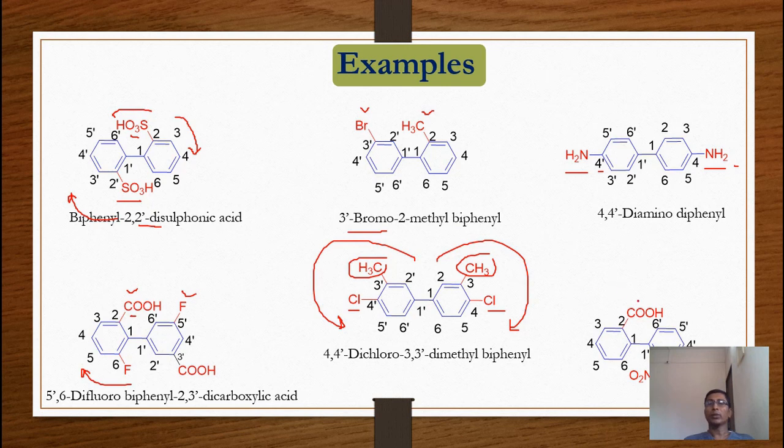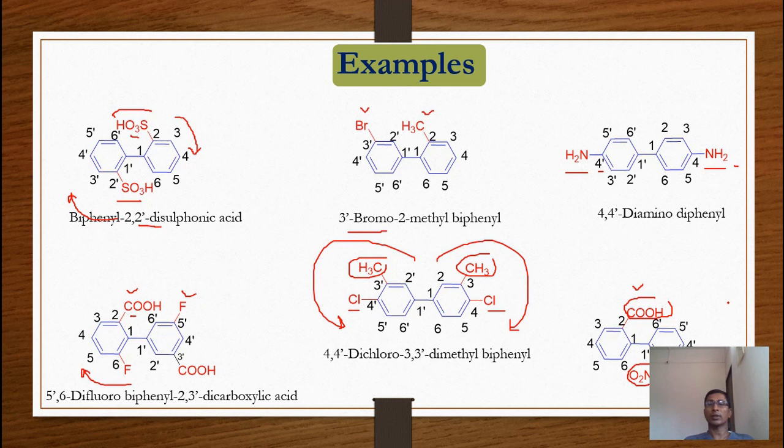Now in this example, the COOH group is present at the 2 position, while NO2 is present at the 2 dash position. Here the COOH group is a group of higher priority.